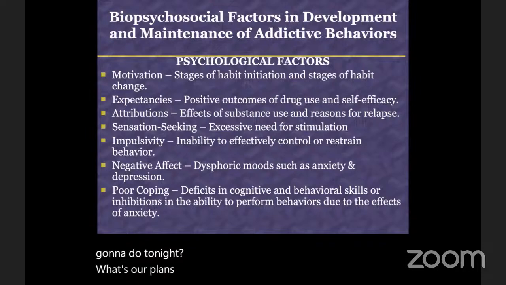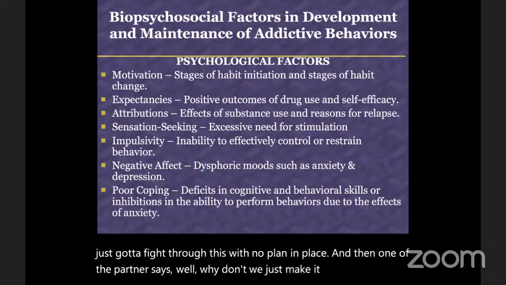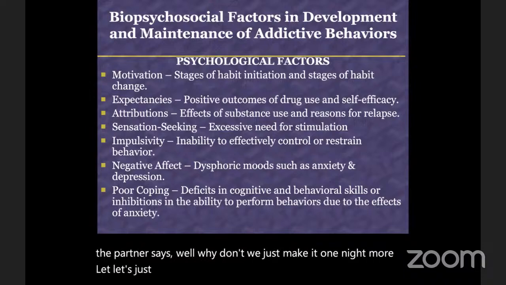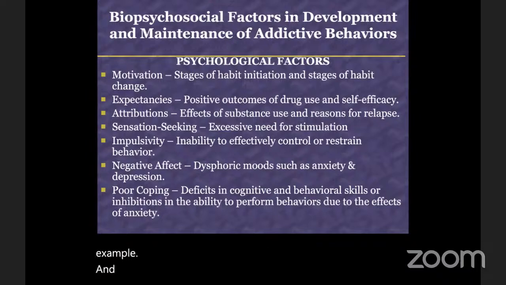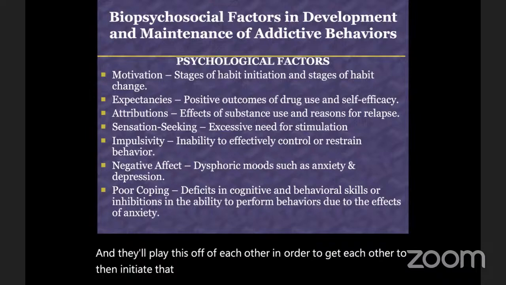I have no idea. We just got to fight through this with no plan in place. And then one of the partners says, well, why don't we just make it one night more? Let's just drink tonight, and then we'll try again tomorrow, as an example. And they'll play this off of each other in order to get each other to then initiate that habit of time.